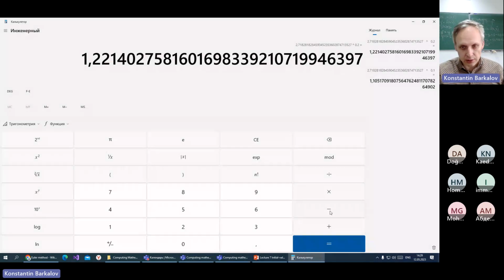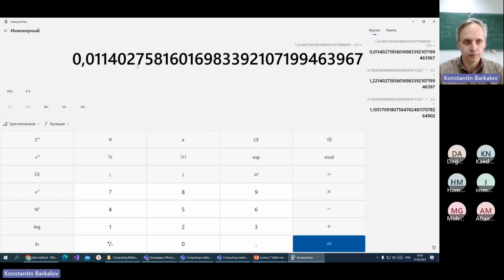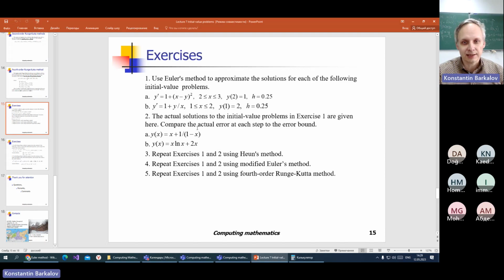We can compute an error. This value minus 1.21 is the error, 0.01. So in your task, you can compute the error, because in exercise 2 the exact solution to these problems is written, this and this.